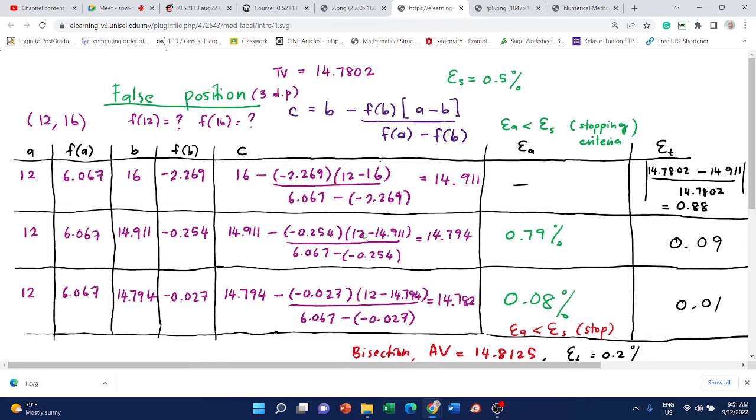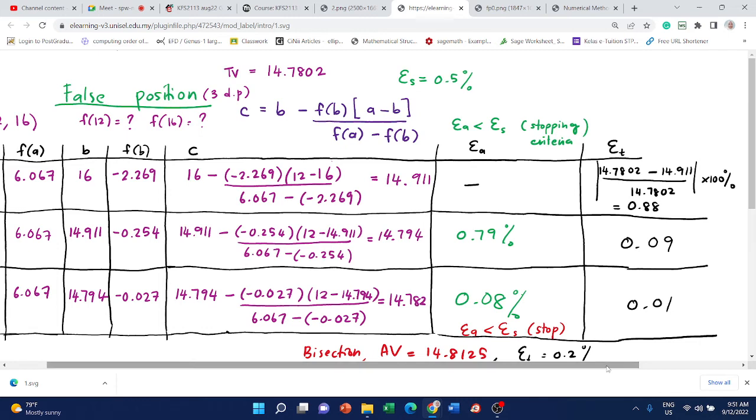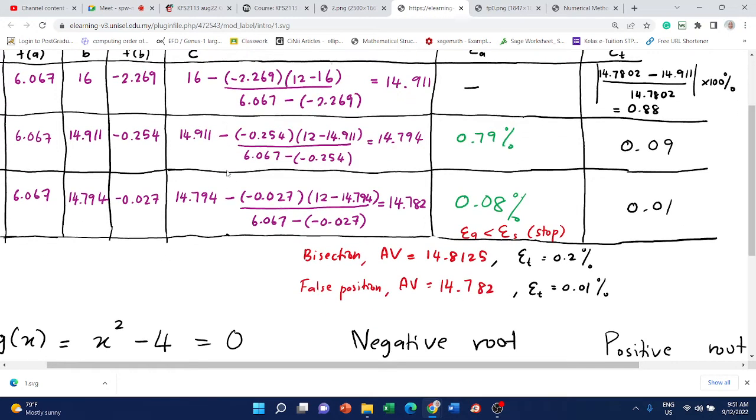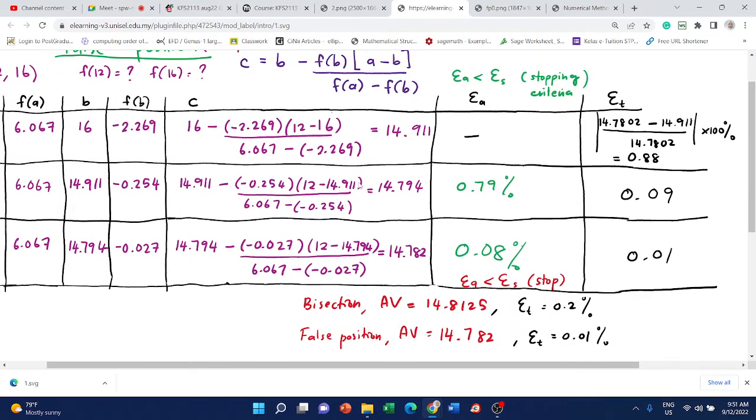Okay, madam. Okay, so now let's see which method is better, because we have the same function but different methods. Let's say I want to compare which method gives us better accuracy. To compare the accuracy, you are supposed to compute the relative error here.